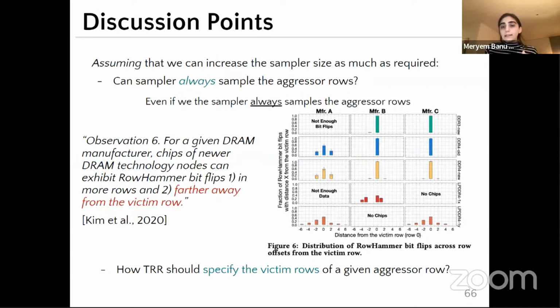So I feel like this is not going to be a meaningful solution, to just sample aggressor rows and then refresh all the victim rows, because there's not even a linear relationship between the aggressor row count and victim row count. But maybe someone has an idea that would make it feasible to refresh all the victim rows, even when we have such a huge number of victim rows, or an idea on how to specify all of these victim rows given the set of aggressor rows.